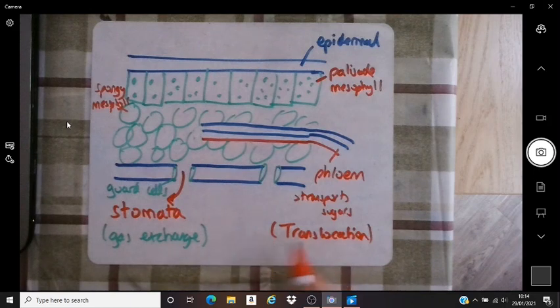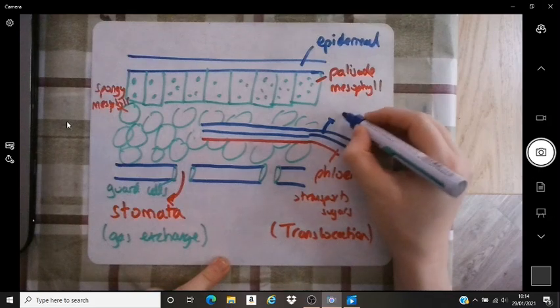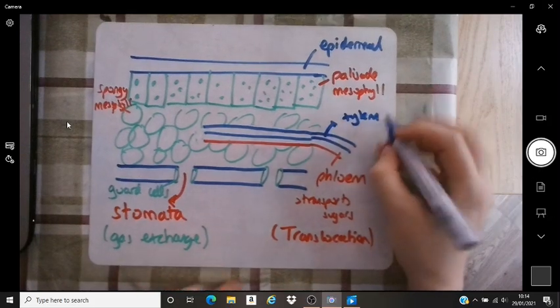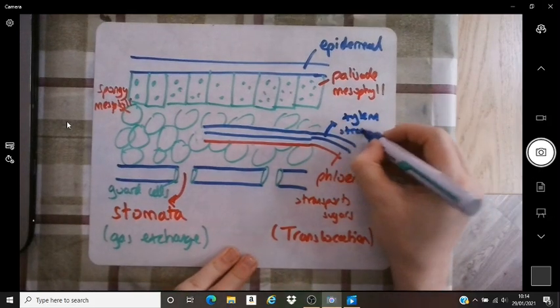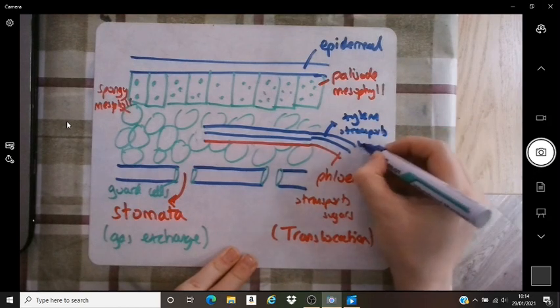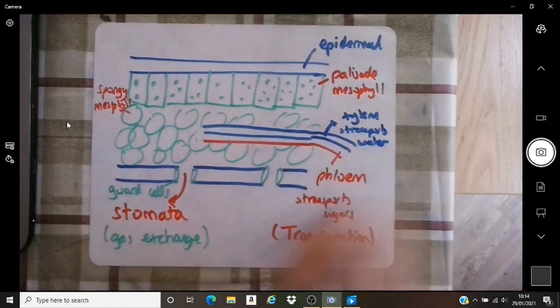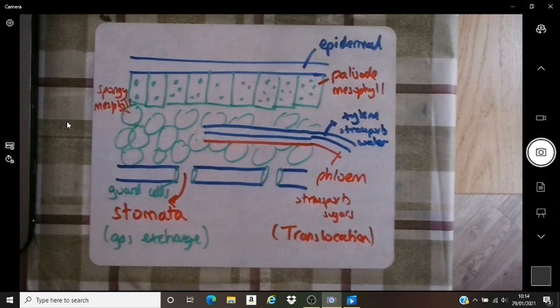So trans, sort of like the idea of changing, and then location, obviously changing location in this case. Translocation. My blue tube represents the xylem. And the xylem transports water. Now, the xylem will only transport water up the plant because the plants can only take in water by osmosis at the roots.